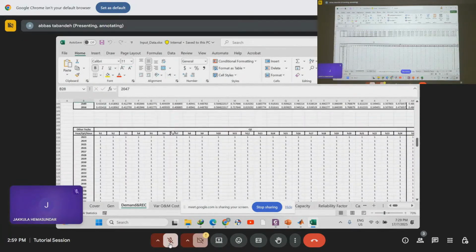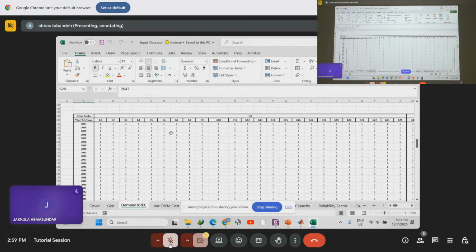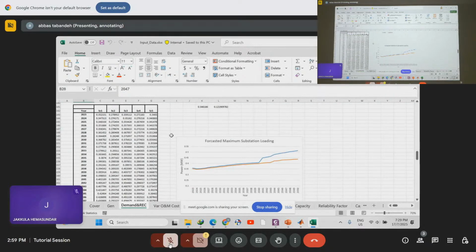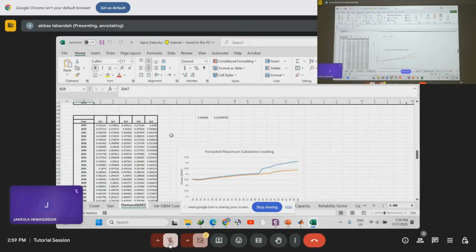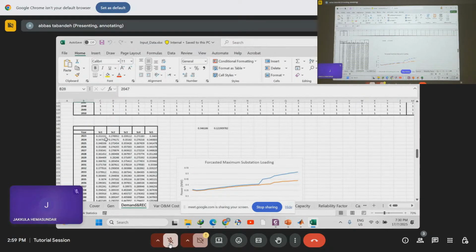To show those trends, yes, here we can see the multipliers. As you can see here, we have defined 5 scenarios.